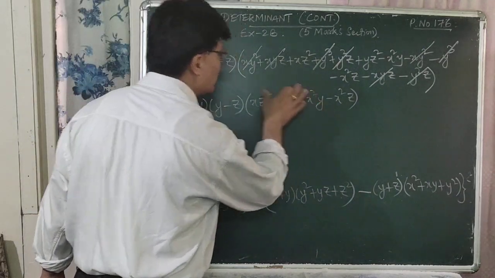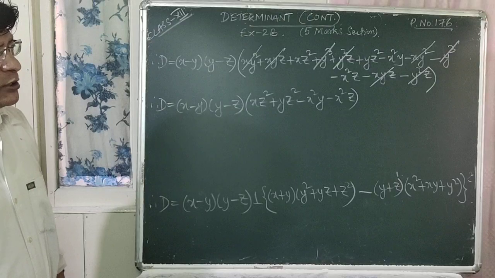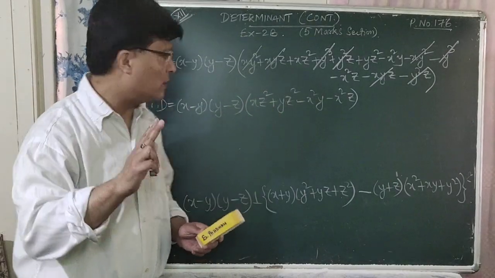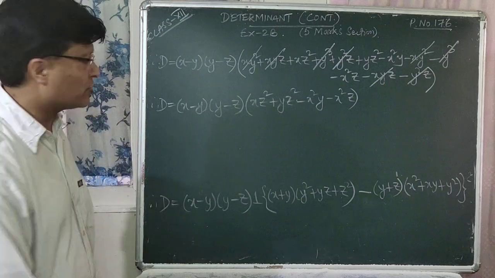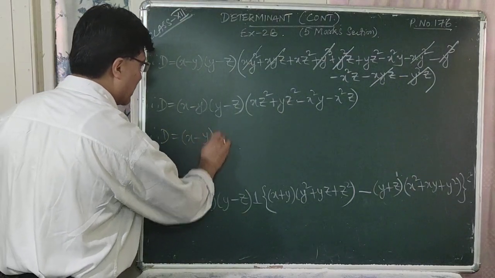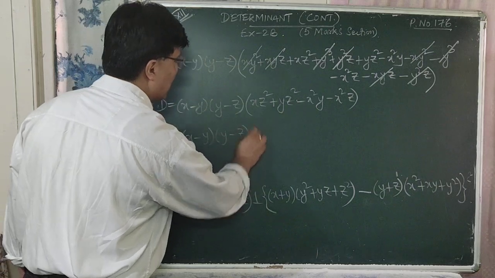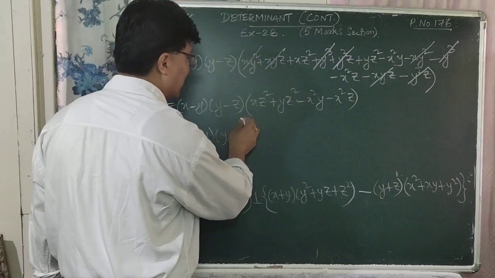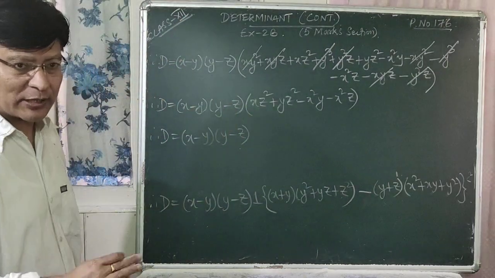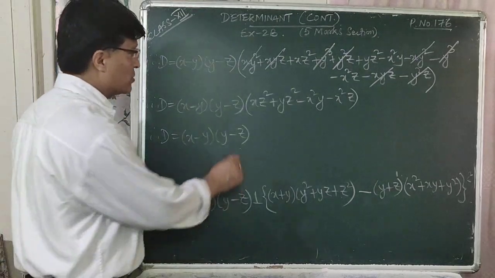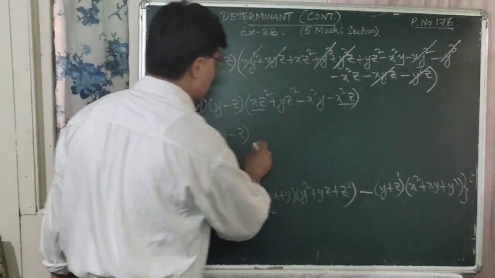So from here you should take the terms in such a pair that there should be a factor z minus x. Therefore D is equal to (x minus y)(y minus z). Now let us take the terms in pair so that you can take common, and you may have z minus x as one of the factors. So xz square minus x square z.